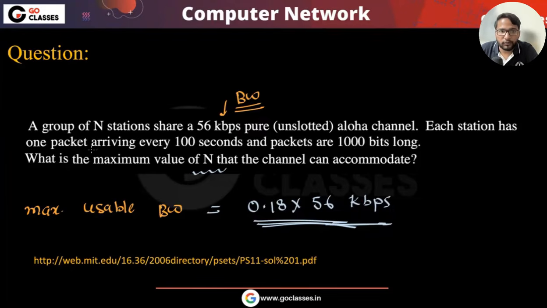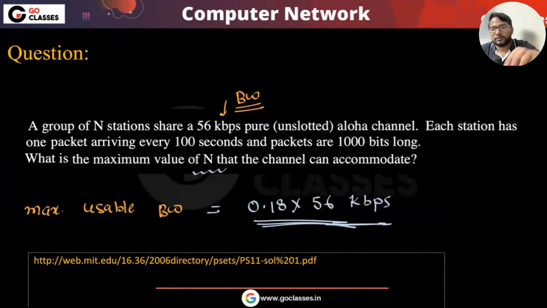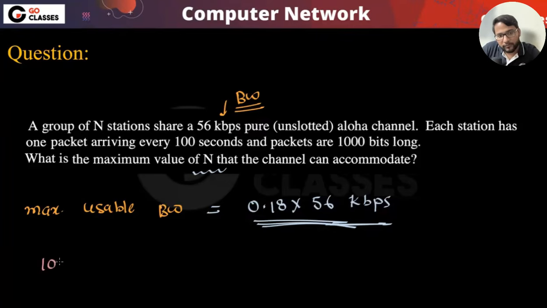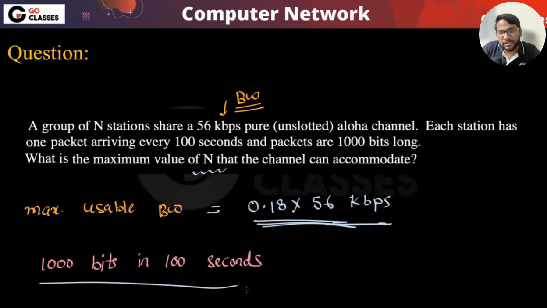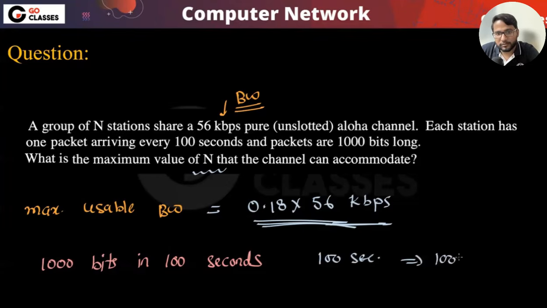If each one is sending one packet of 1000 bits in 100 seconds, which means 1000 bits in 100 seconds, then this is just for one station.